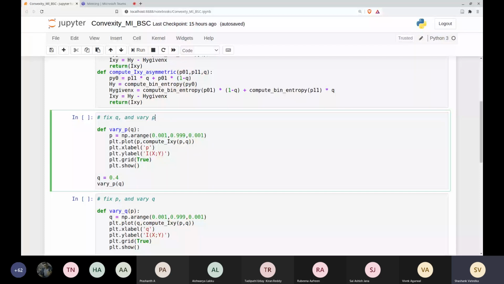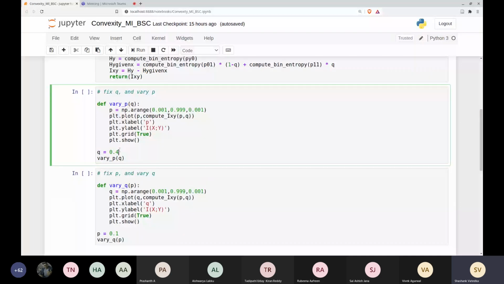So let's say that Q is equal to 0.4. So the probability that the input random variable is 1 is 0.4. And I'm going to plot this as a function of P.